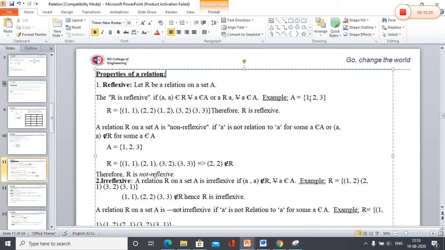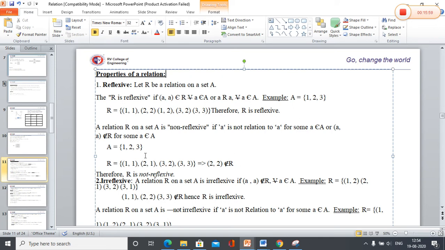So for each of 1, 2 and 3, I should have the (1,1) pair, the (2,2) pair and the (3,3) pair. (a, a) means only that. The elements (1,1), (2,2) and (3,3) should be present in the relation. If they are present for each element of A, then we will say that the relation is reflexive, otherwise it is a non-reflexive relation. So for this particular example, I am not bothered about (1,2) and (3,2). I have to just check whether (1,1), (2,2) and (3,3) are present. If they are present, I will say that it is reflexive.